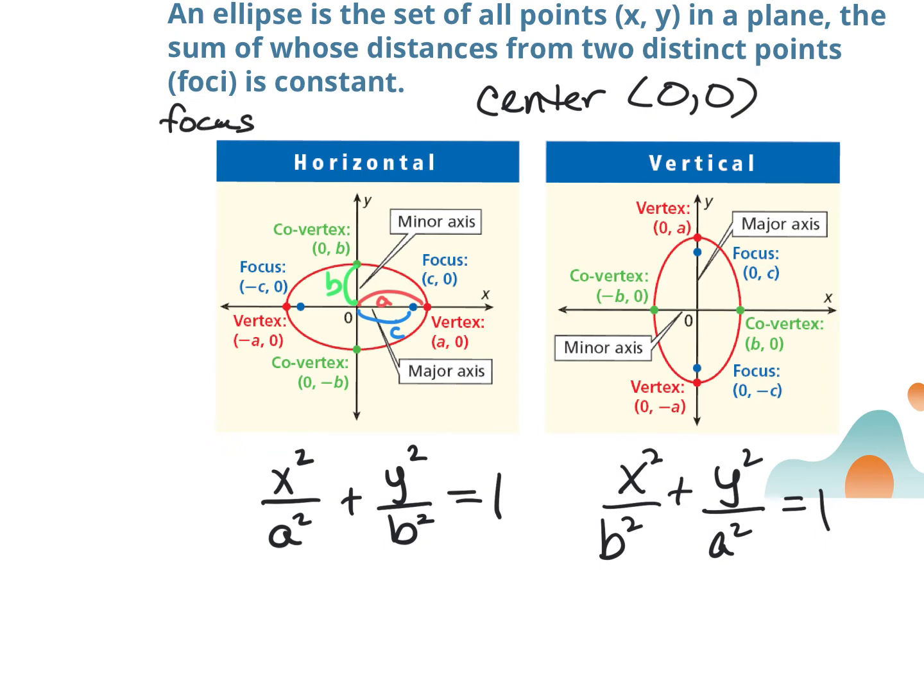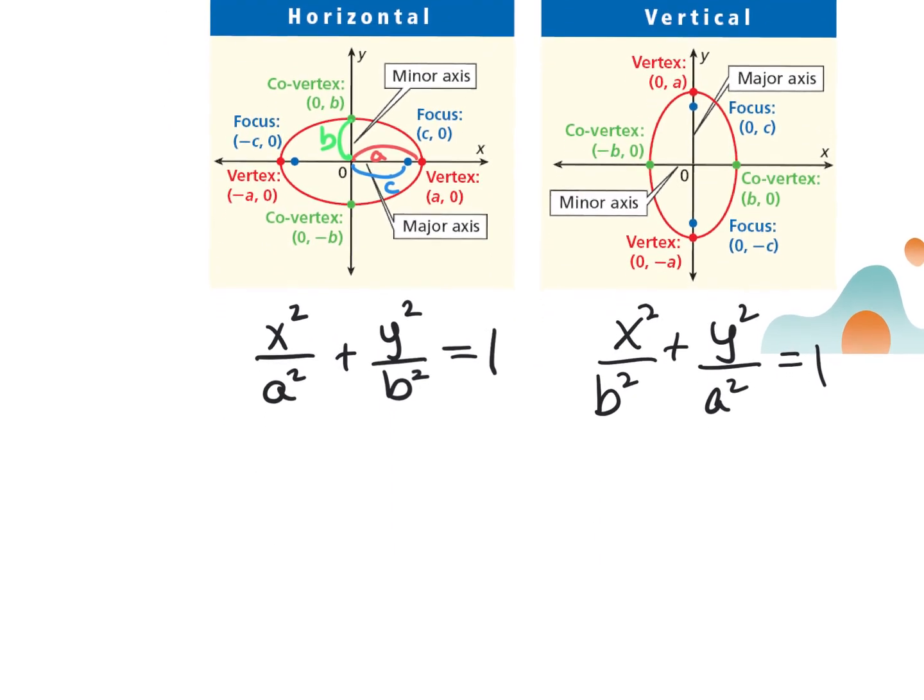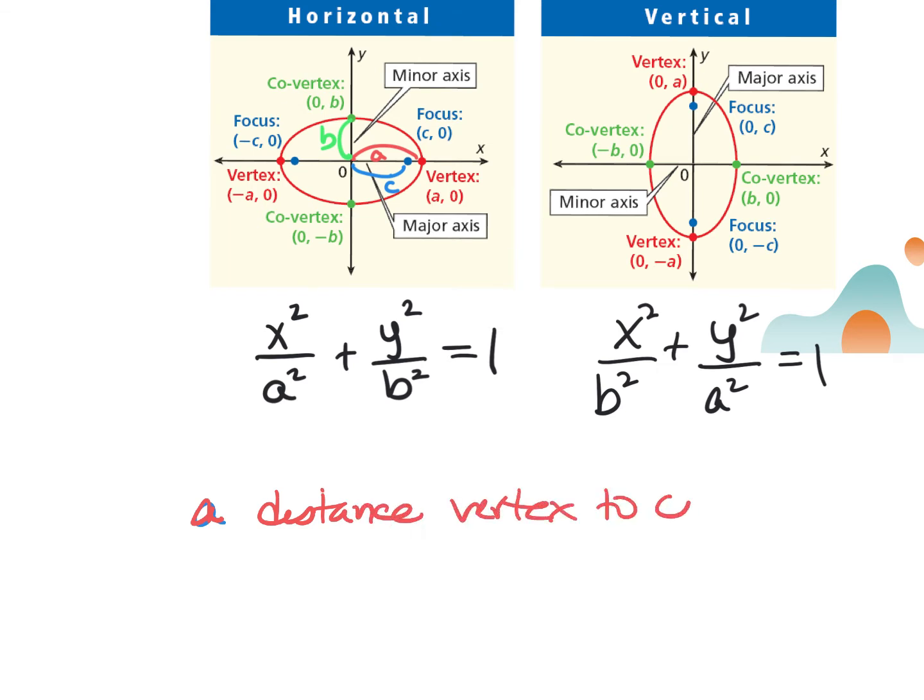Okay, A is the distance from the center to the vertex. So A is, I did it in red, the distance from vertex to center.